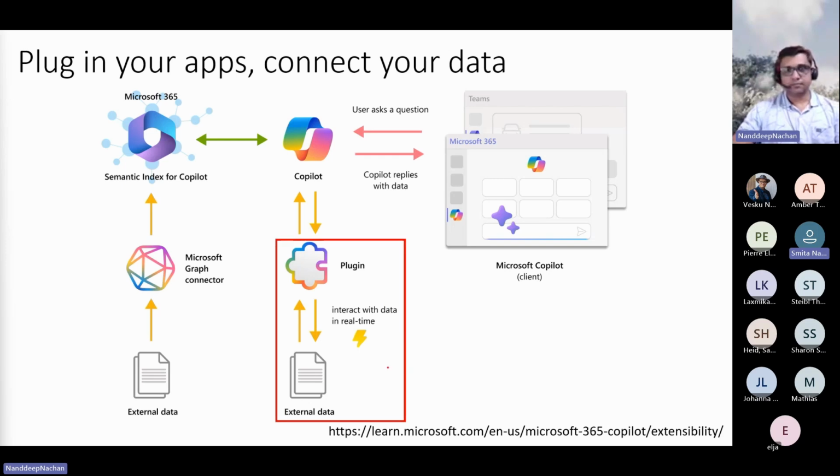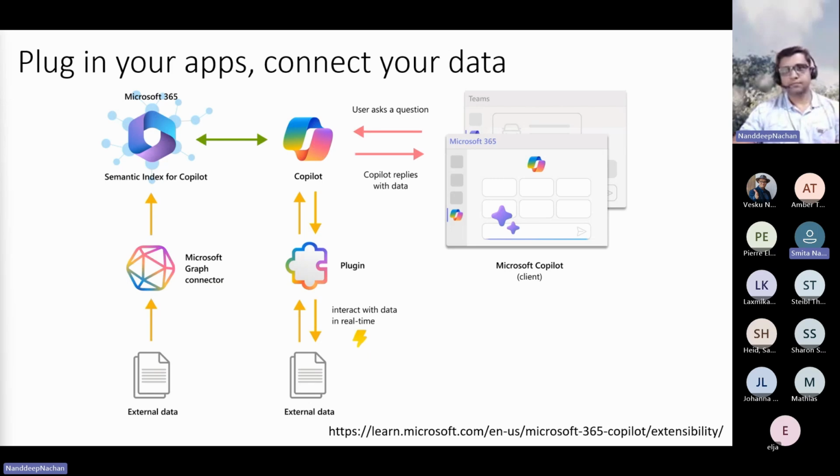With plugins, you can access real-time information, such as finding the latest news coverage on a product launch; access relational data, such as reporting on service tickets assigned to a given team member; and perform actions across apps, like creating a new task in your organization's work tracking system. You can build plugins by building a Microsoft Teams message extension or a Power Platform connector.